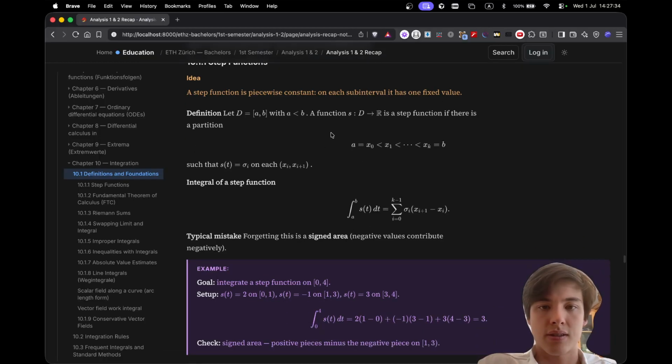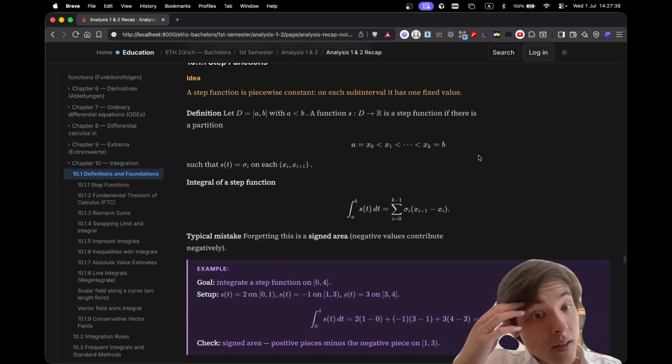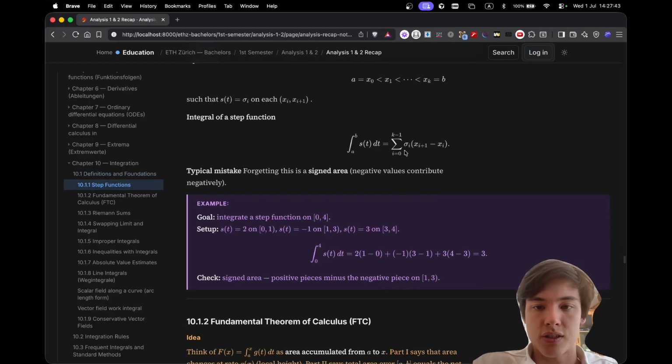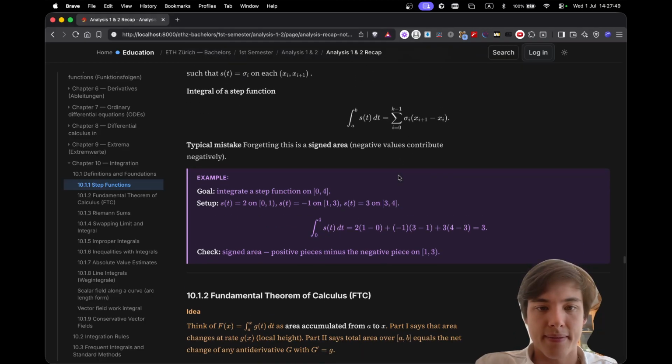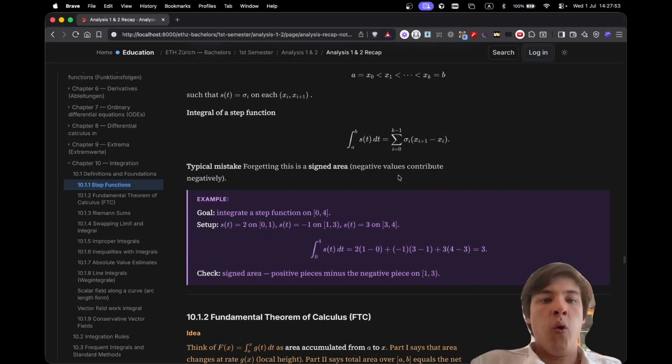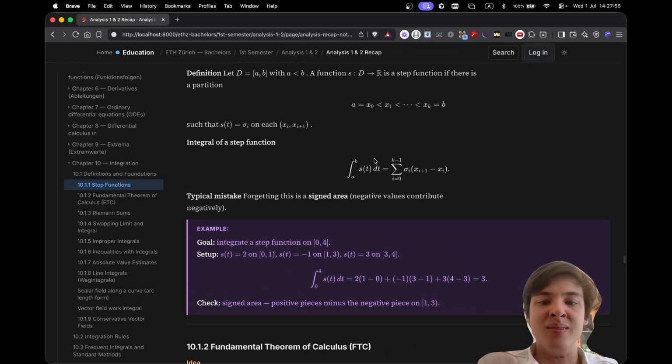It only has a fixed number, something like this. And the integral of a step function is just the length of the subinterval times the value. So here we see that value between this.